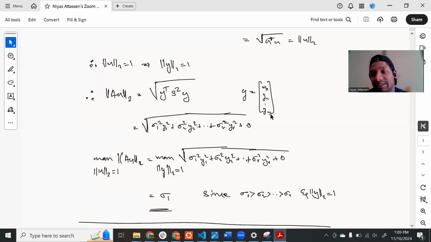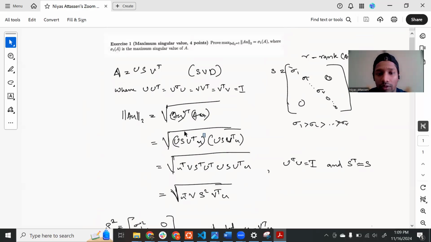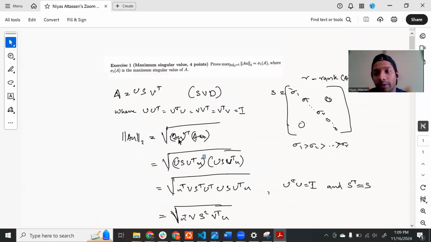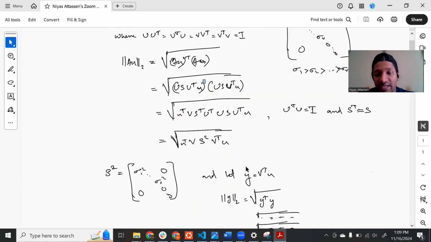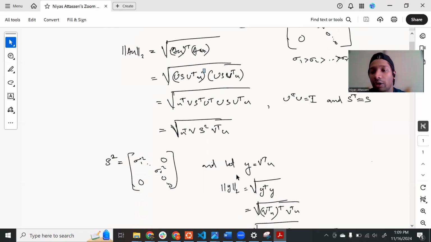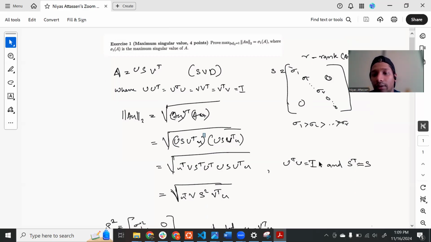We also know that this final index m is greater than r, because u is getting multiplied by A, so the dimension of u should be greater than or equal to the rank. In the same way, the dimension of y should be greater than or equal to the rank of A, because rank is always less than or equal to the number of columns or rows.